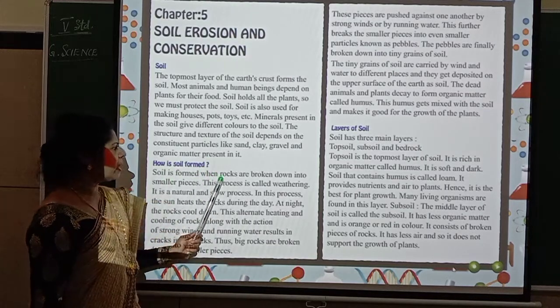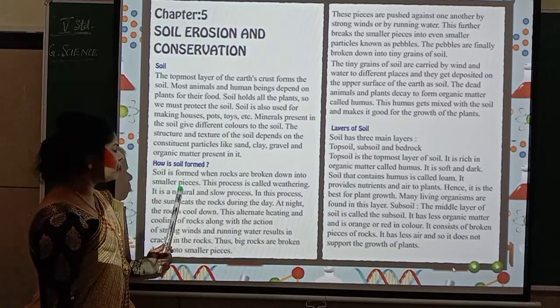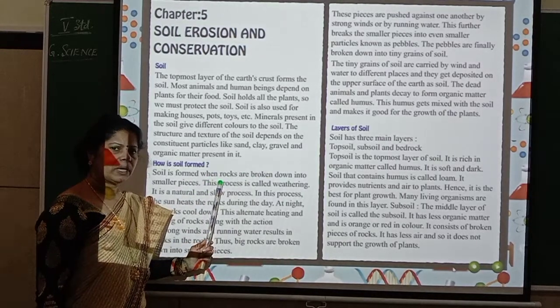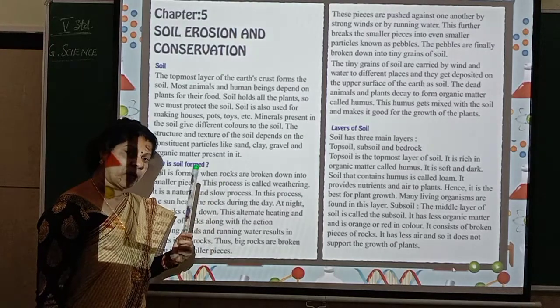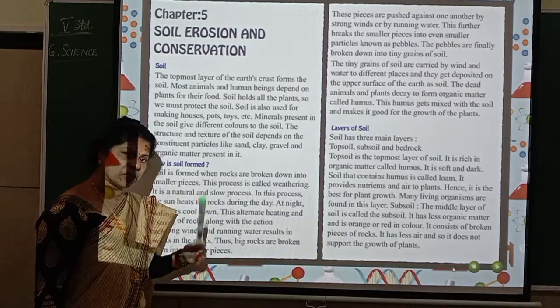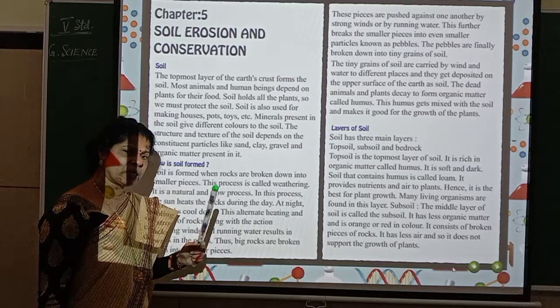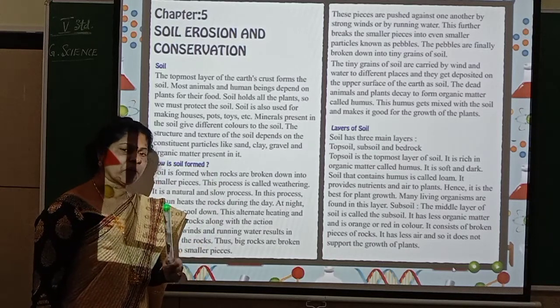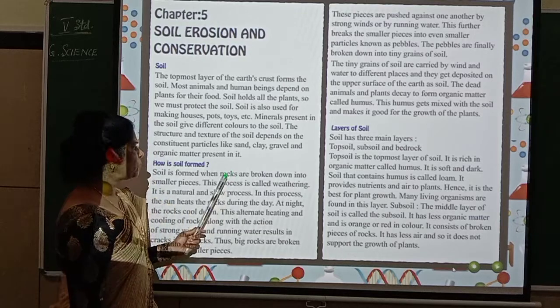Now let us go to how soil is formed. Soil is formed when rocks are broken down into smaller pieces. So this mud or soil, how is it formed? It all comes from the big rocks which were there for millions of years. From there it is breaking and finally becoming soil. So that is what is given here.